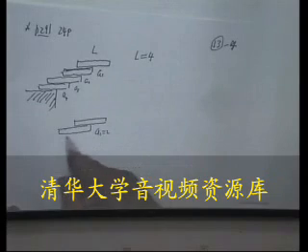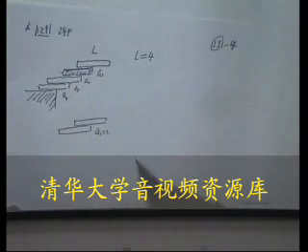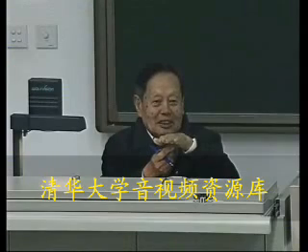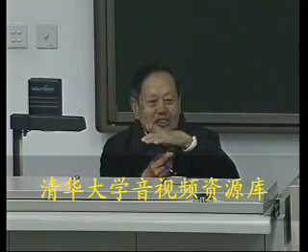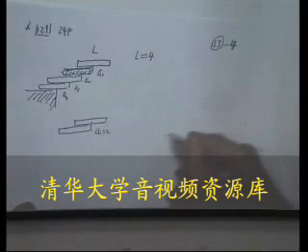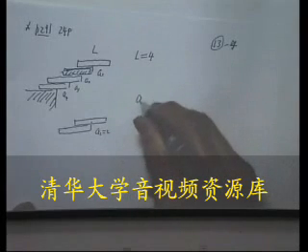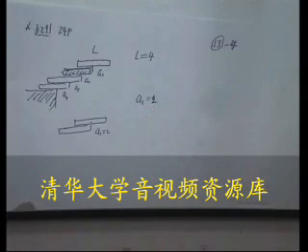Because if this third block is already stable there, you put the force on, and clearly if you make it just halfway going out, it's just balanced. So we say A1 is equal to 2.